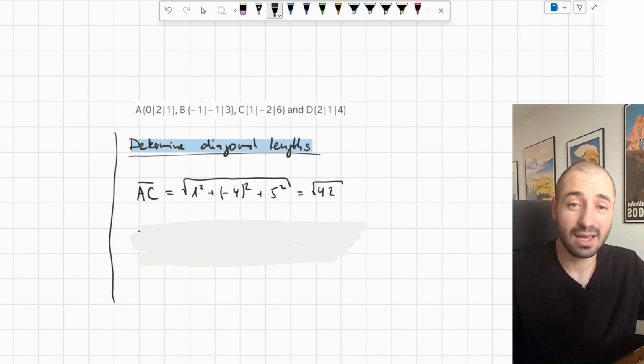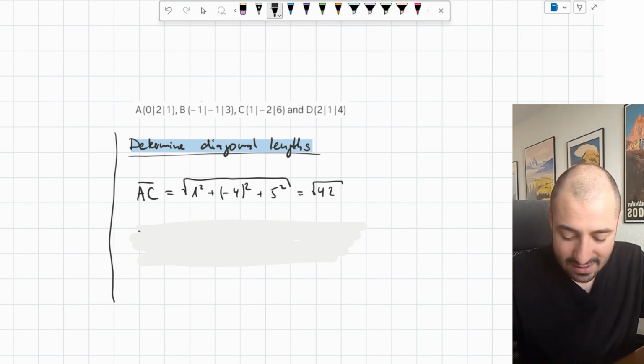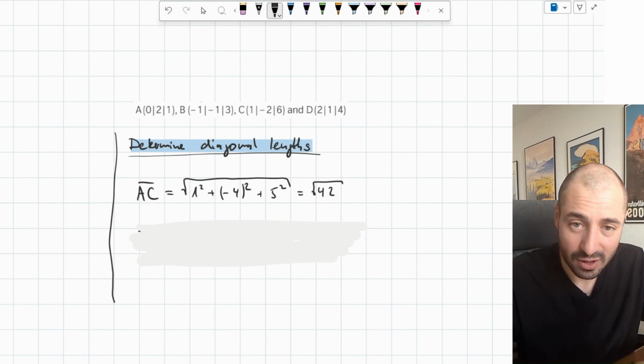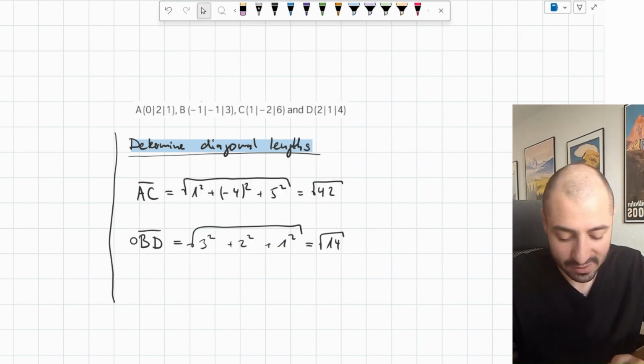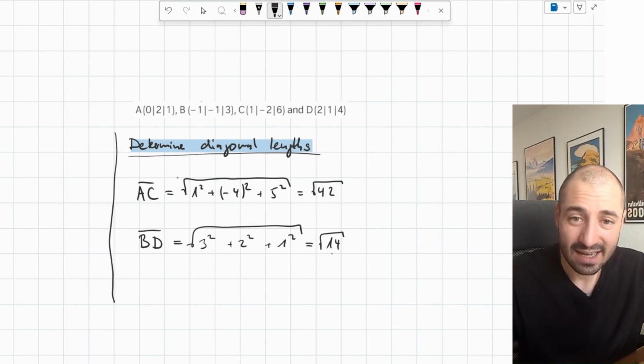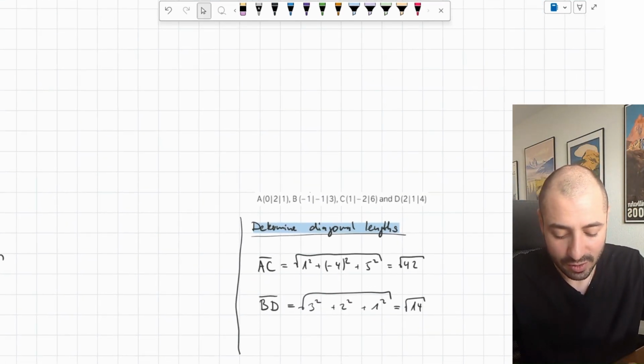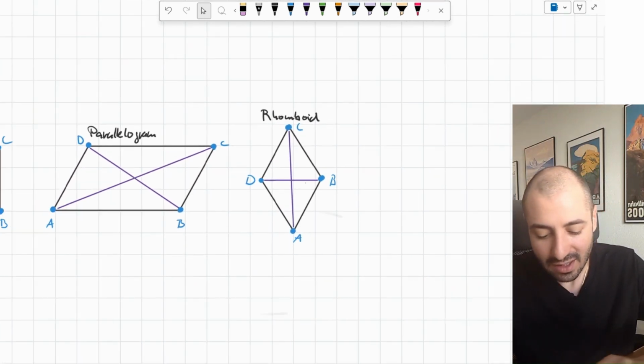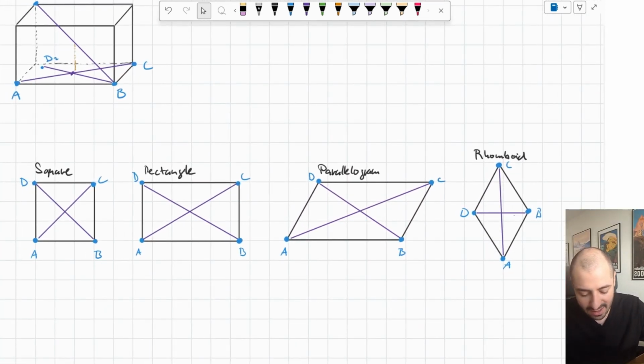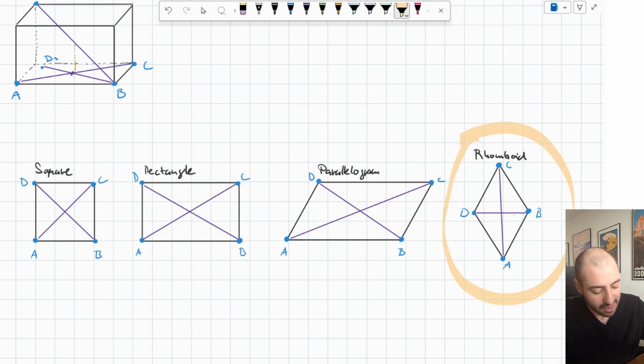So that's the length of the diagonal AC, square root of 42. We figure out the length of the second diagonal, which I already did here, and we will get that the second diagonal has a length of square root of 14. So this means the two diagonals don't have the same length, different lengths, and so we know that we have a rhomboid. Final answer, the quadrilateral ABCD forms a rhomboid.